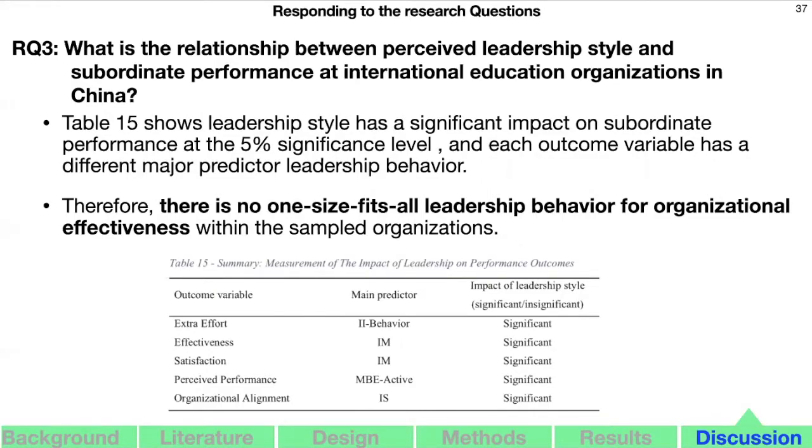Answering research question number 3, we find that there is no one-size-fits-all leadership behavior for organizational effectiveness within the sampled organizations, since we have seen in this figure that different main predictors significantly affect different outcome variables.